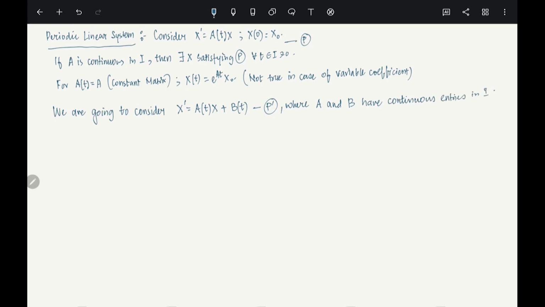Now, we know that there is a solution for all t in I. But if one imposes more conditions on A and B, can we derive something more?